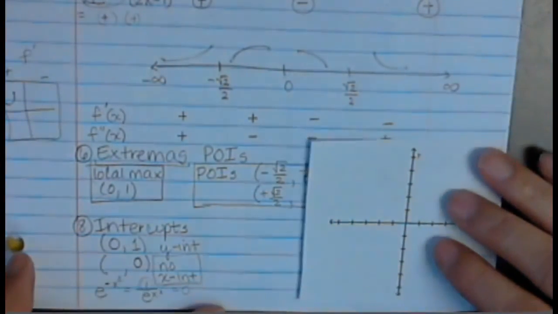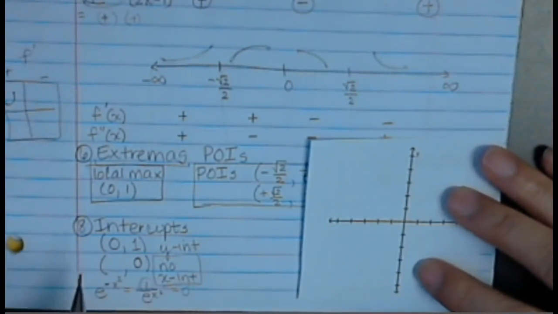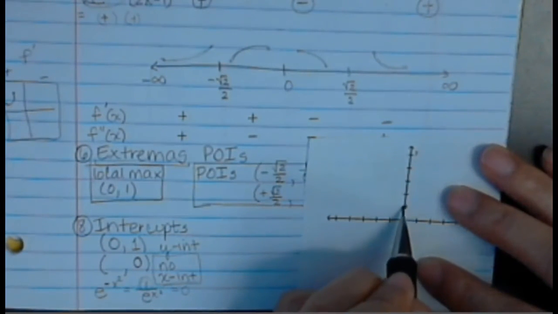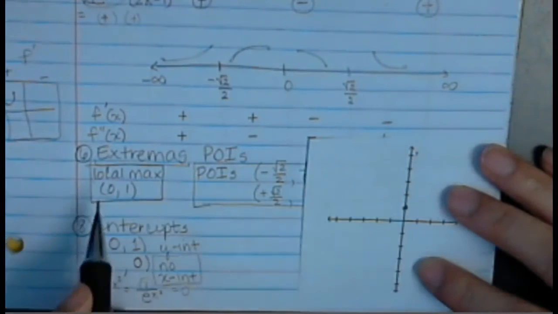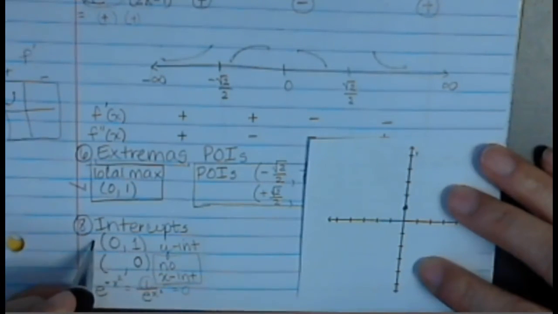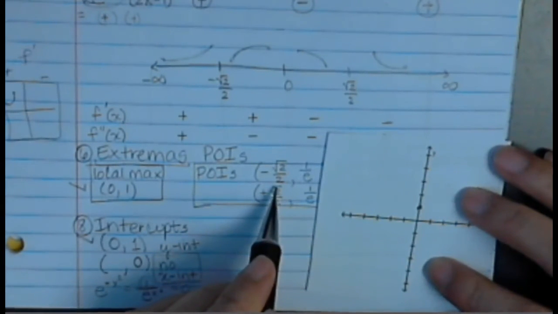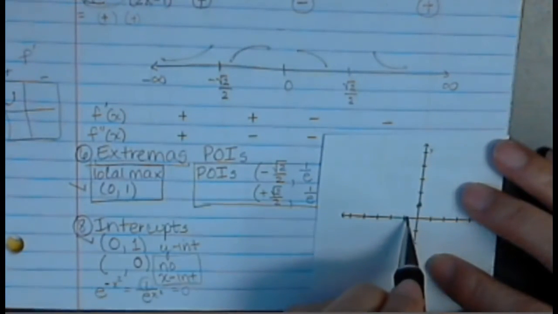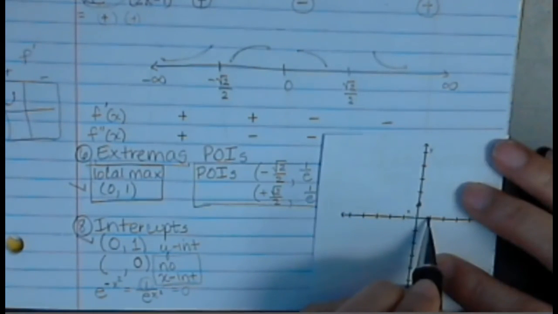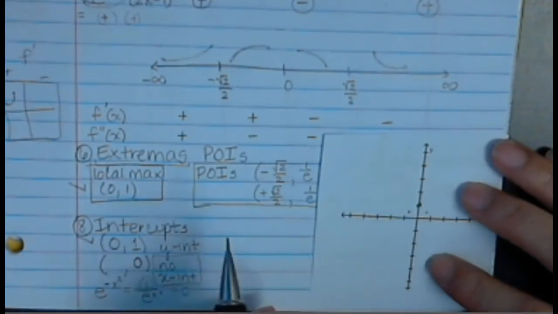So let's plot our points. What we do know is that (0, 1) is our maximum. So we graph this one and our y-intercept. Our points of inflection are going to be at about 0.7 and some value less than 1, and again at negative 0.7, less than 1.